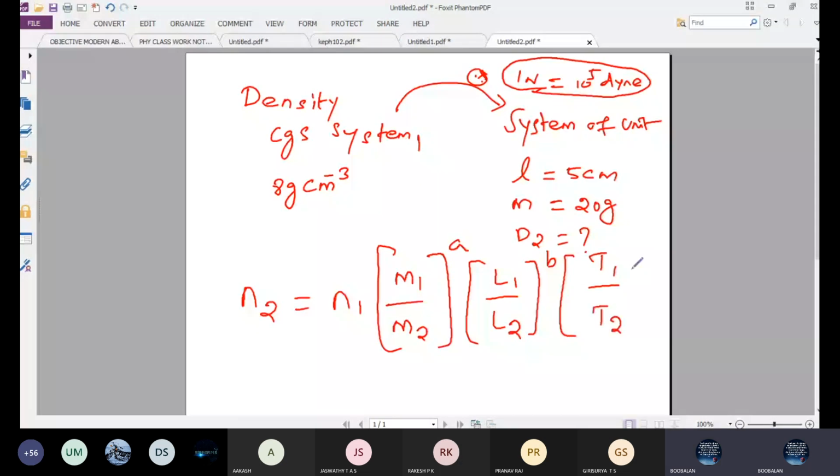So this is the formula for converting one system into another system.